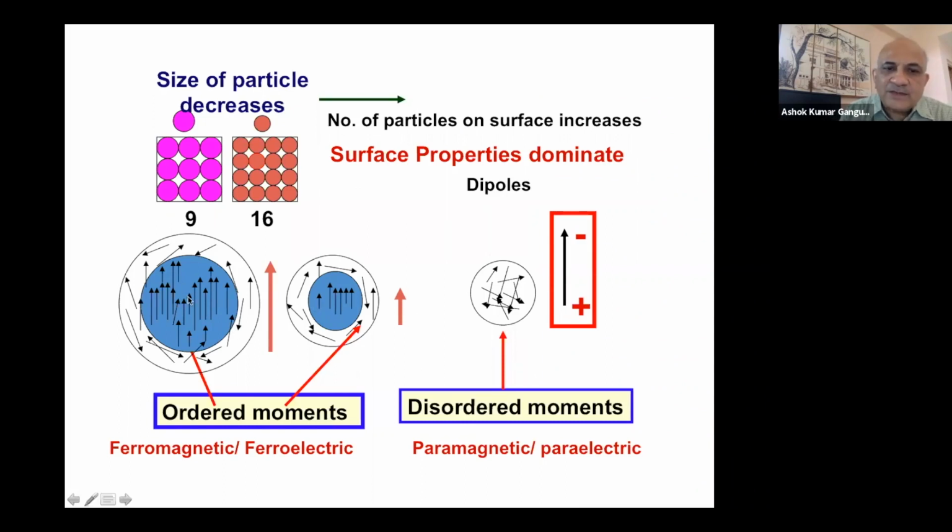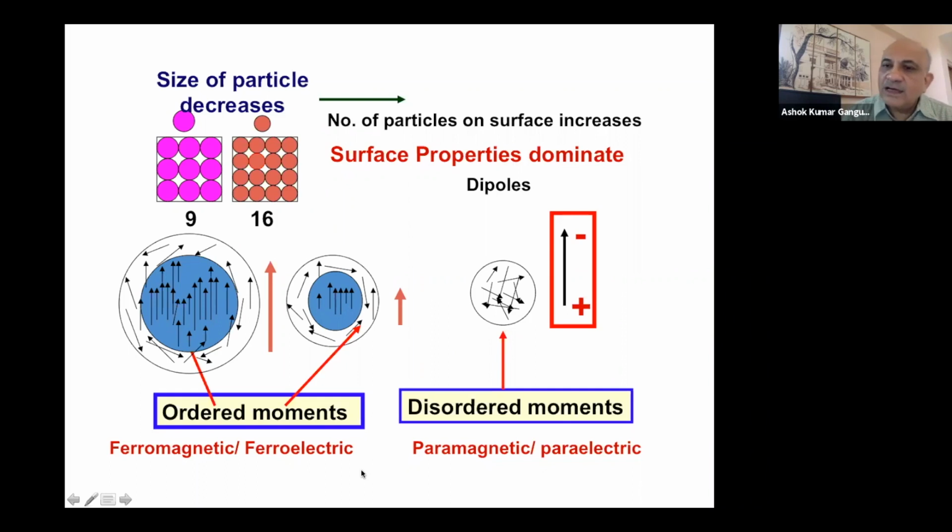The dipole moments which are on the surface are disordered. Whether they are electric dipoles or magnetic dipoles, depending on the material, if I decrease the size of the particle, the surface will increase. So I will have less ordered dipoles. These are ordered inside the particle. On the surface, it is disordered.